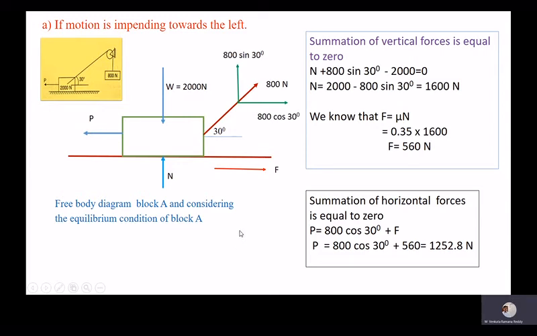Now we'll consider another case, when the motion is impending towards right. Here, this is the block, P is the applied force, and T is the tension in the cord, that is 800 newtons. When the block impends towards right, the frictional force acts left. Now we'll draw the free body diagram for this block.